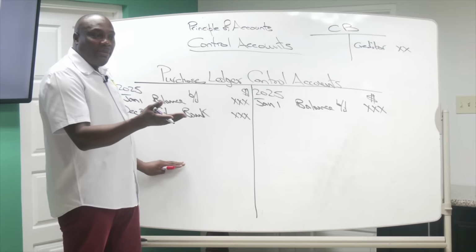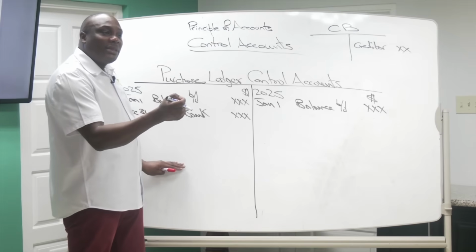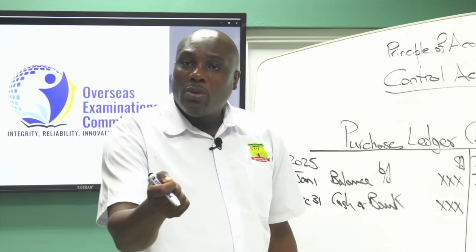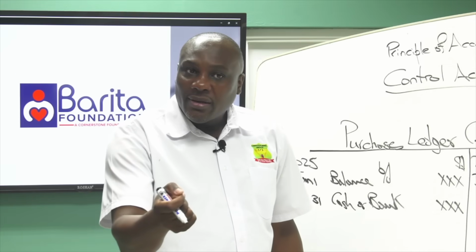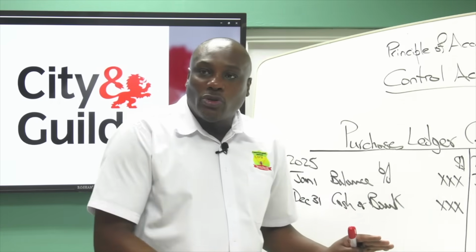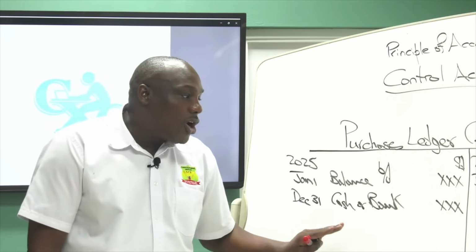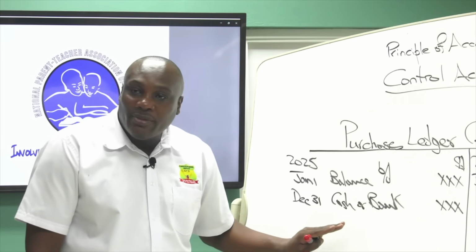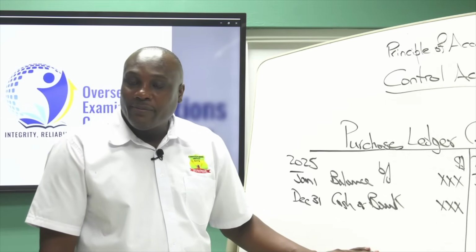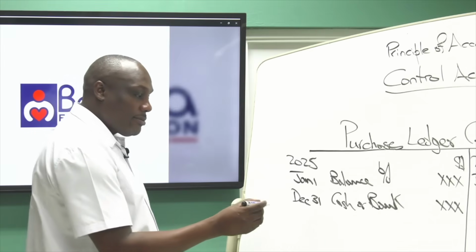And look at the grand scheme of things, students: if we, the business, pay somebody we owe initially, the logical sequence is that we are going to reduce what we owe them. Hence, a reduction in the balance is on the debit side of the purchases ledger control account because you're dealing with creditors. Now, moving on to another item.